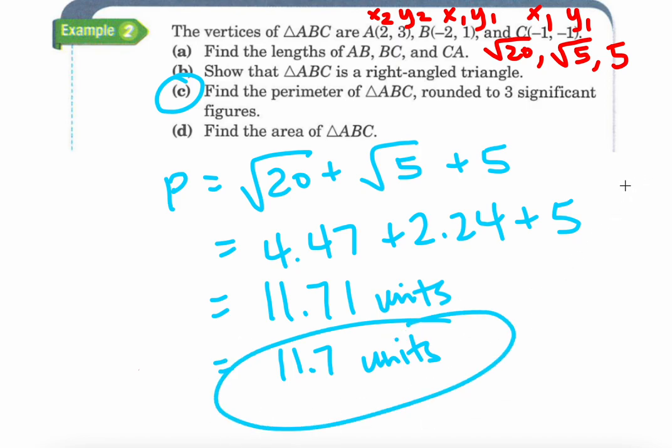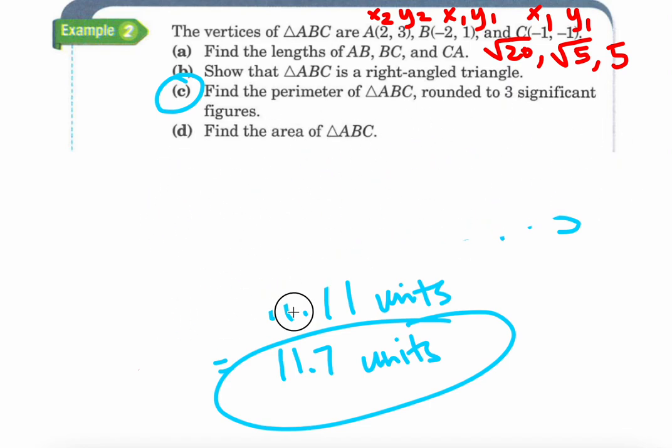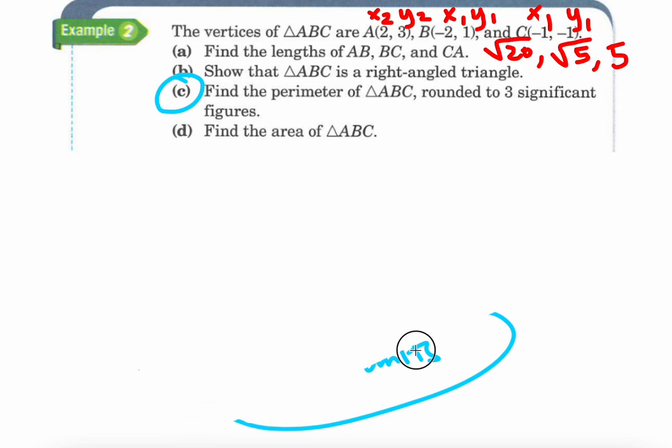And then lastly, they want us to find the area of triangle ABC. So area, that one requires us to think a little bit more about what's going on. So I'm going to actually draw this triangle out.